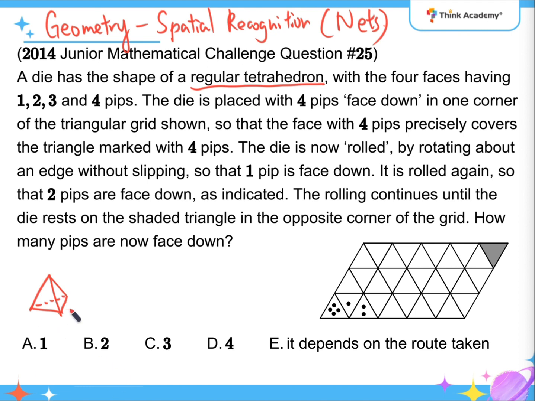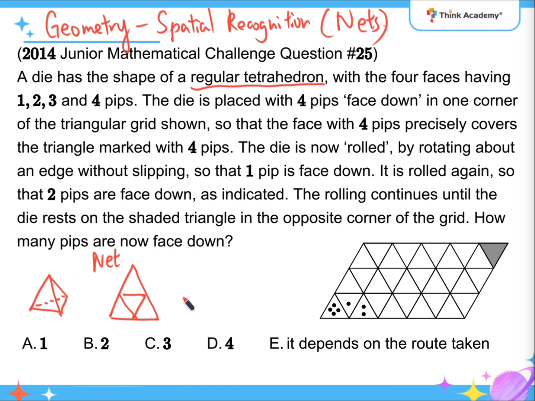So if you want to find the net of that, it is either gonna look like this, which if you consider the center box as the base, then these 3 sides are gonna fold up into the base, right? So this is how the net's looking like.